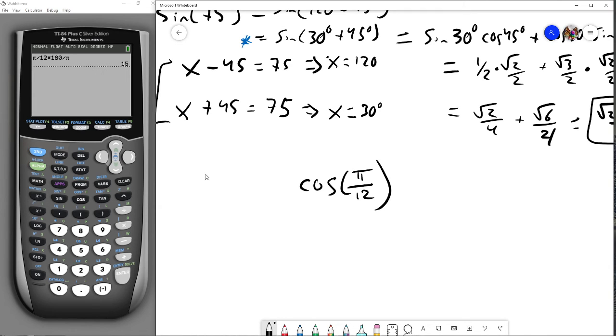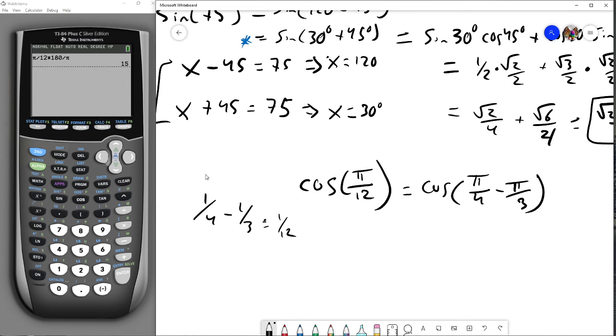Well, how you could think about it is, if you think about pi over 4, if you subtract pi over 3, that's the same thing as pi over 12. So if you just think 1/4 minus 1/3, that will give you 1/12. So we could think of this as cosine of pi over 4 minus pi over 3.